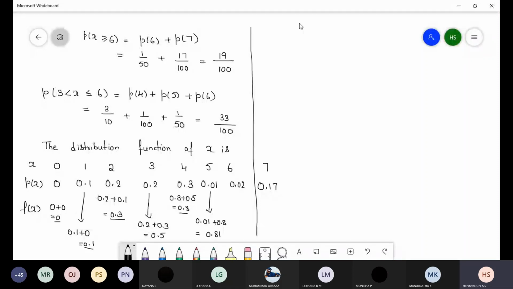Again 0.02 plus 0.81, here we get the value 0.83. Last one 0.17, that is p of x value plus new value of f of x is 0.83. So here I get 1. So this is the way we find the cumulative function.